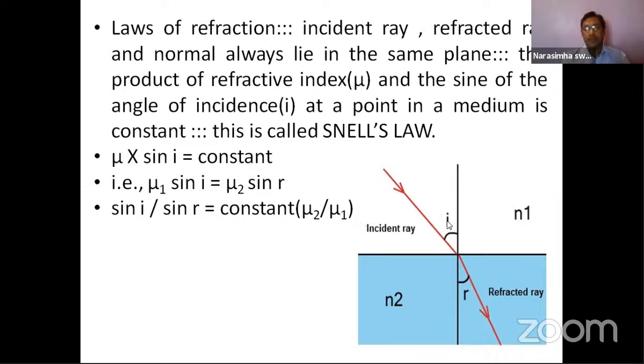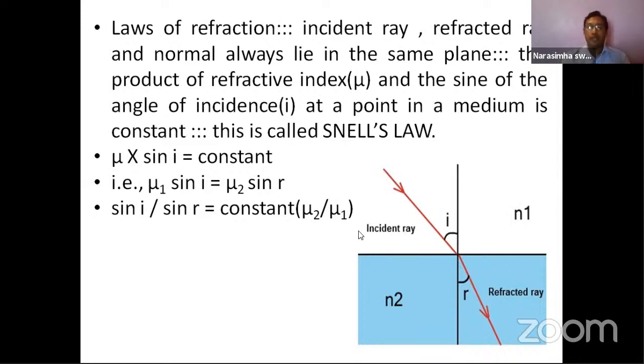Look at this diagram. The light ray is incident through the medium n1. I told you, sometimes it will be n1 and sometimes mu1. For understanding, I've given both. Don't be confused; some books refer to it as n1. Whatever it may be, it is a refractive index.